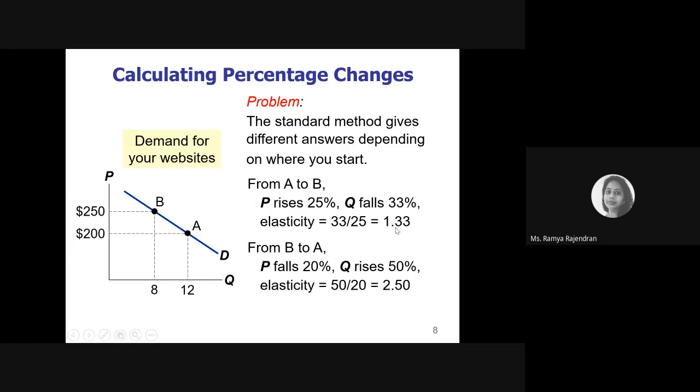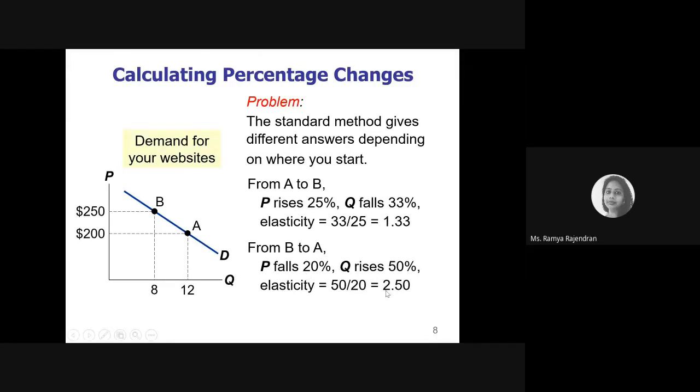But imagine you have a price already at $250 for designing one particular website, and you want to decrease the price to $200. The elasticity is computed as 2.5, because you have a 50% decrease in the price and a 20% increase in the quantity.